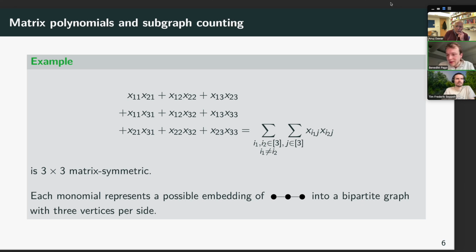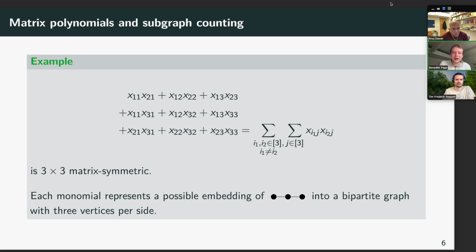Namely, you can see that all matrix symmetric polynomials in fact express subgraph counts. What I mean by this is, for example, here, if you look at this matrix symmetric polynomial, this is the sum of all degree 2 monomials where the second index is the same in the respective variables and the first two indices are different. You can now think of each of these monomials as representing this graph that you see at the bottom, this path. Each variable corresponds to an edge, and then every index tells you where the end vertex of the edge is being mapped.